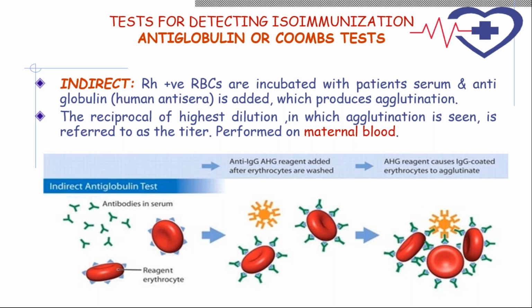These are Rh positive RBCs which we have added, not the RBCs of the mother. We only take the sera of the mother, which has antibodies reactive to Rh positive antigens. So when you mix the mother's sera with these reagent erythrocytes, antigen antibody complexes will be formed.